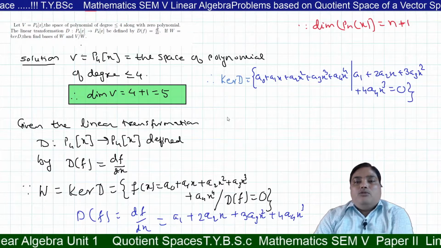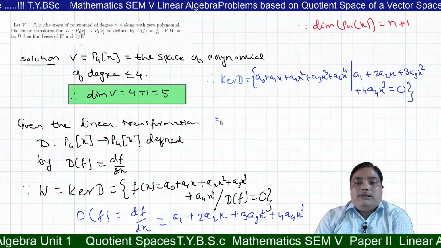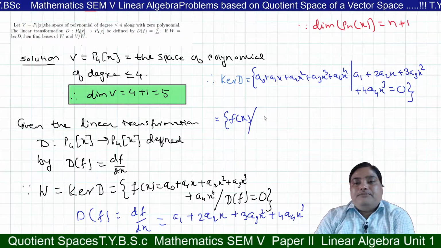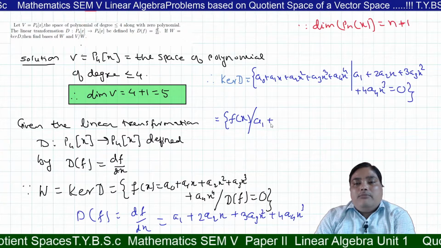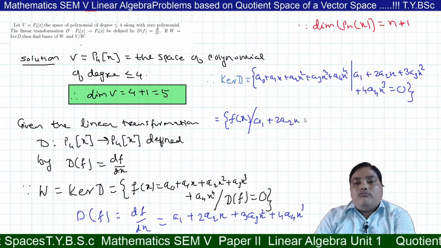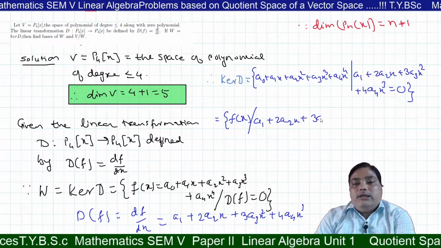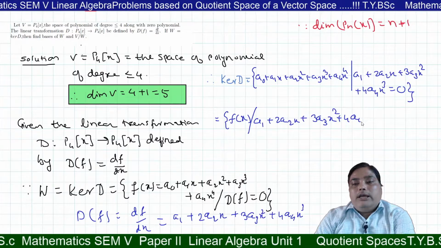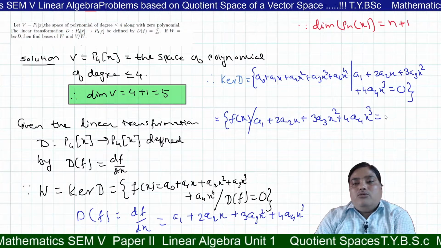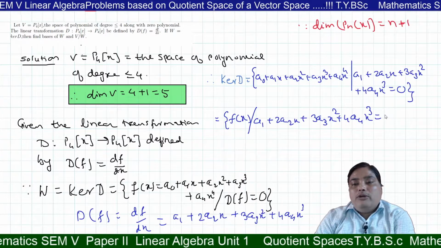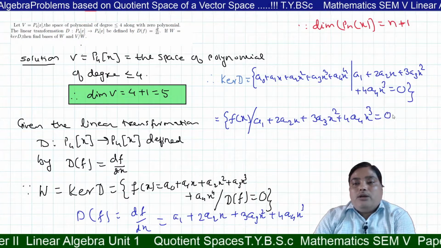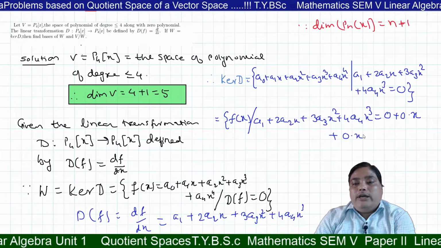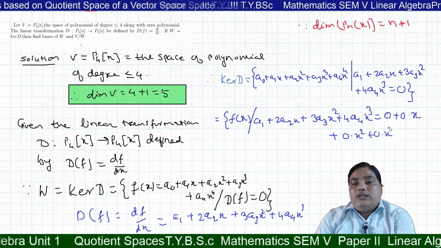So this can be written as the set of f(x) such that a1 plus 2a2x plus 3a3x square plus 4a4x cube equals the 0 polynomial, which can be written as 0 plus 0 into x plus 0 into x square plus 0 into x cube.